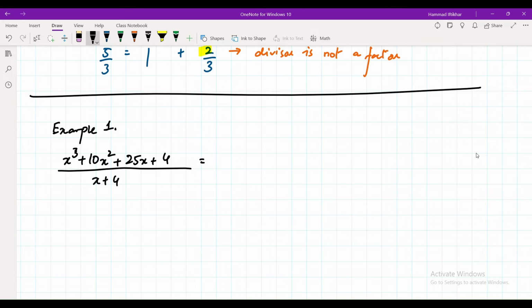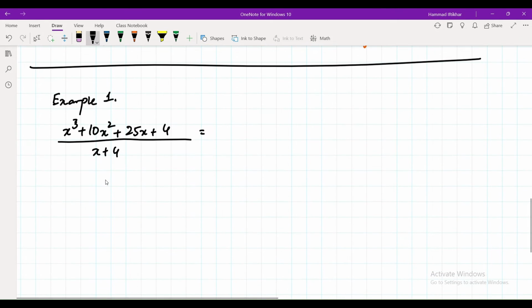We need to write it in the mixed expression. Basically, the question could come in many different forms. They could ask whether x plus 4 is a factor of the cubic expression. What is the remainder when this cubic expression is divided by x plus 4? Any form. So we can do this with the long division.